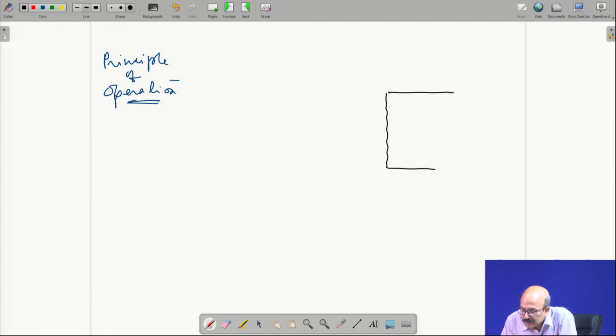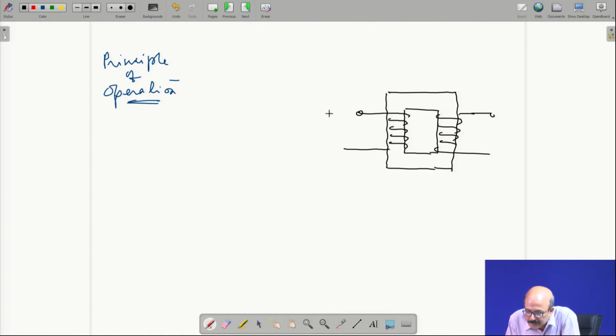Instead of thinking of a three-dimensional structure, it is enough to talk about a two-dimensional structure. And then you have something like this, the two sides.